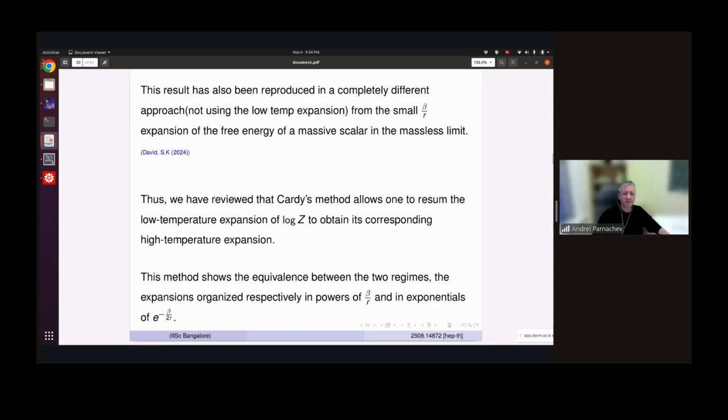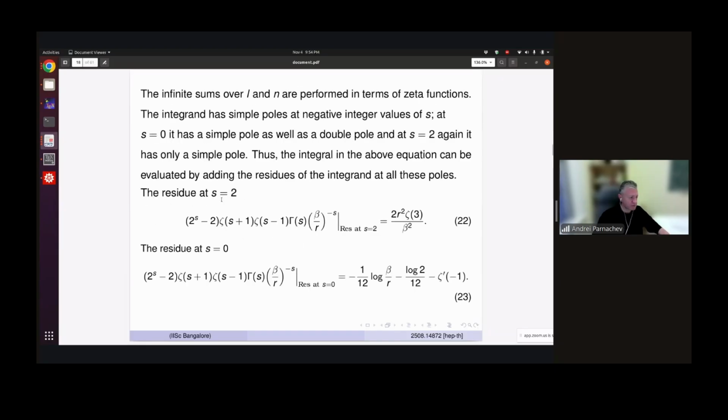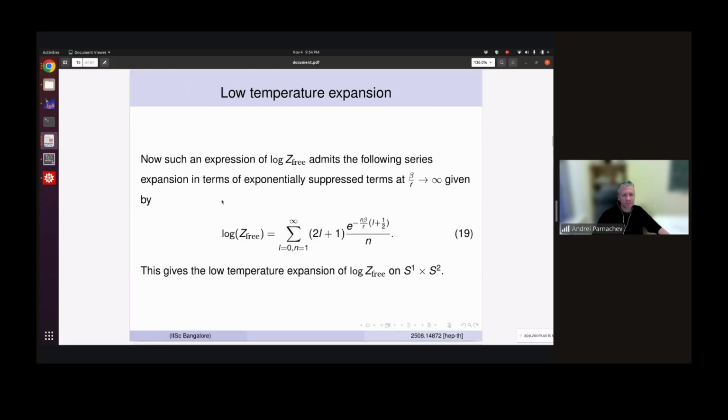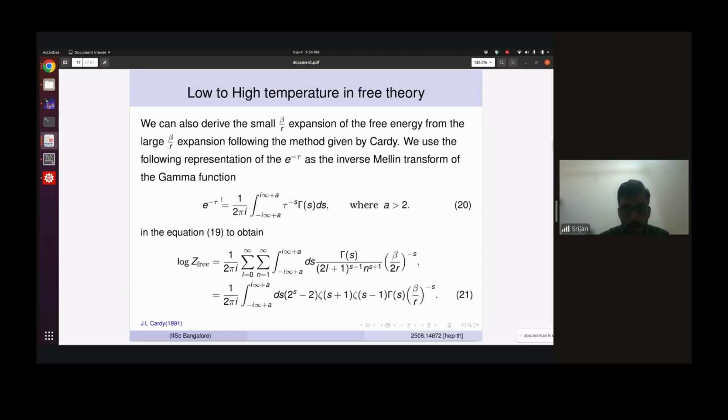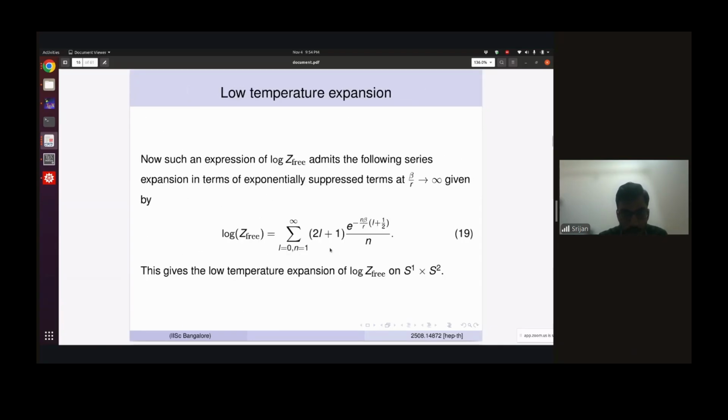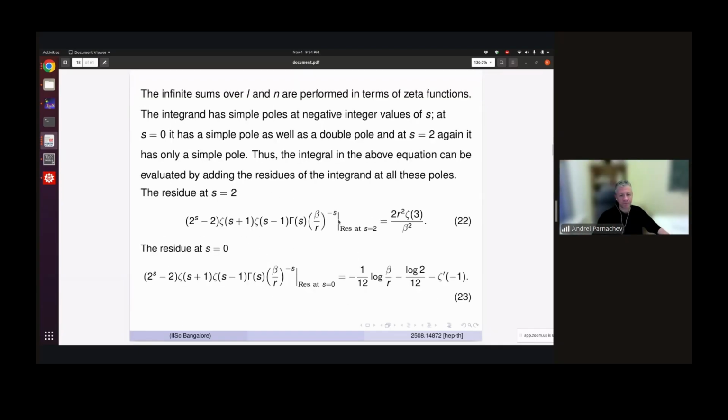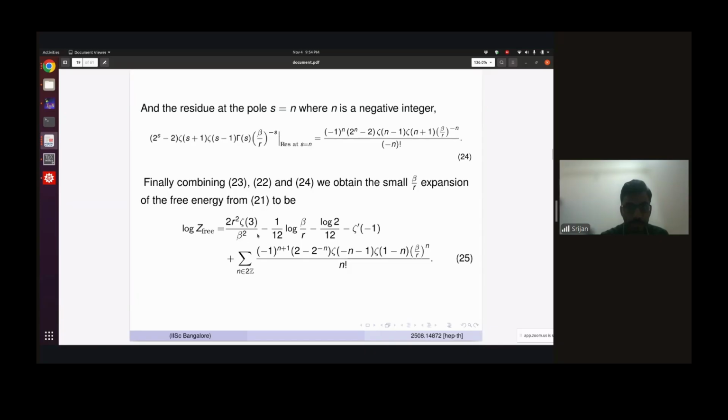Can I ask you something? What's the radius of convergence of these expansions? Both the high temperature and the other? You start with one and you get the other one. I start with this expansion, and then I obtain the other one, this one.